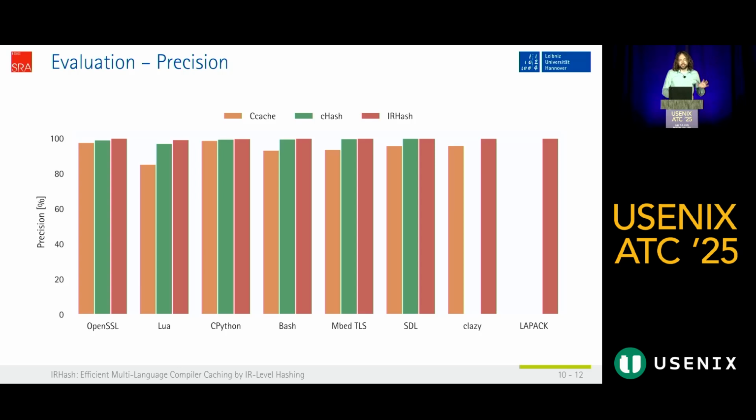So while Ccache is quite good, there's room for improvement, as we see for cHash and IRHash, which are really close to each other and achieve nearly a perfect score with close to 100% precision. And also IRHash is always the most precise, except for SDL, but I think you won't see it here, where again cHash is ever so slightly more precise.